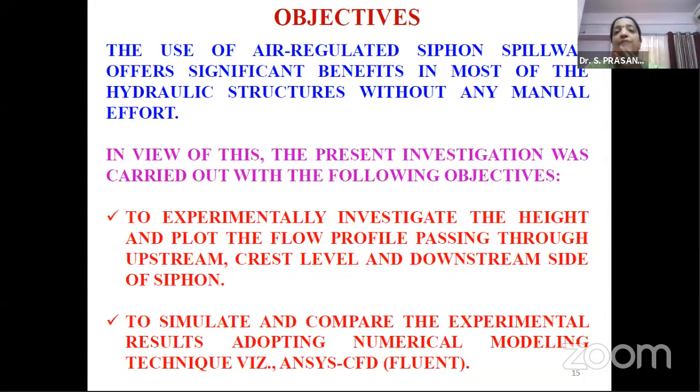And then we have integrated that with numerical modeling, and we have tried to plot the flow that is taking place right from the upstream side onto the downstream side over the crest of the spillway. We wanted to test and compare the numerical modeling results with the experimental results. So this was the basic objective of the study.